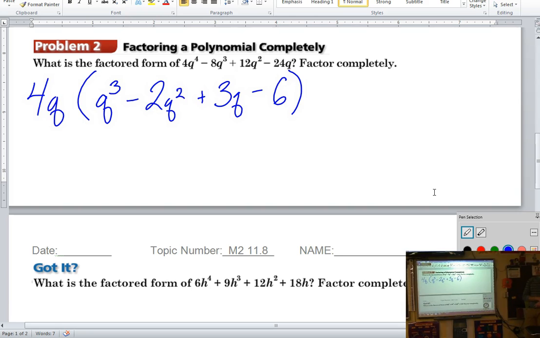Michelle, what do you do then? Then you take each of those and kind of split them in half and have the q to the 3rd minus the 2q to the 2nd be its own separate little thing. And then to simplify that further, you can take out q squared. I follow.